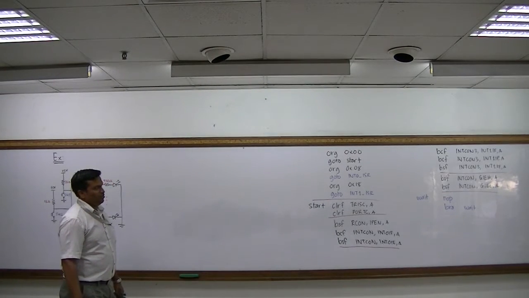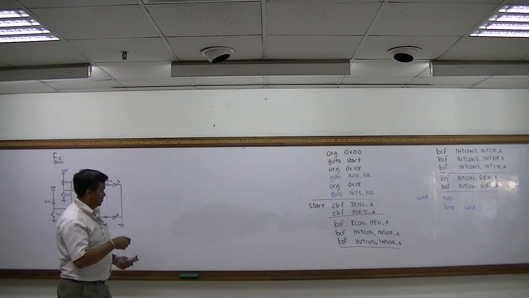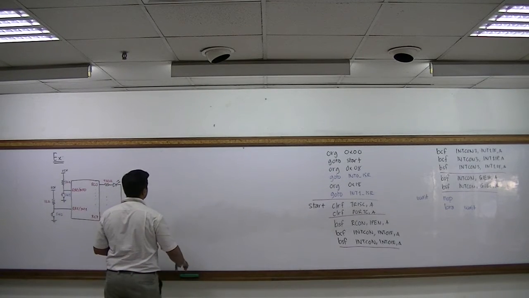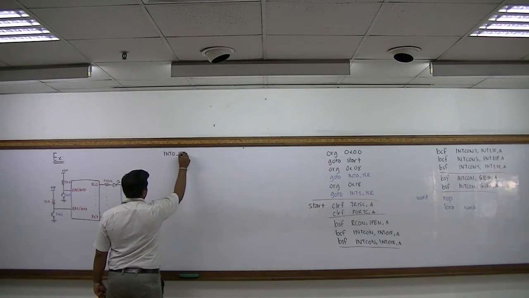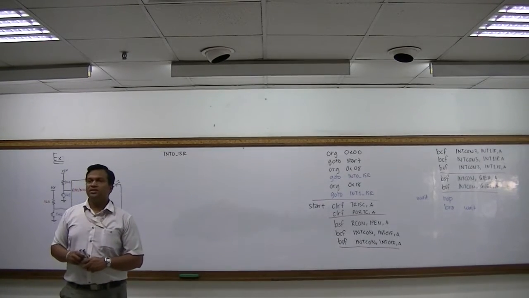So we need to write the subroutine now. How many subroutines do we have? Two. The first one. What's the first thing you need to do in the interrupt service routine?